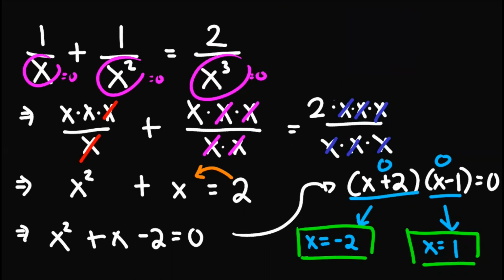So the domain of this rational equation is all real numbers except 0. Clearly, x equals negative 2 and x equals 1 are part of our domain. So we conclude that the answer for this rational equation is x equals negative 2 and x equals 1.